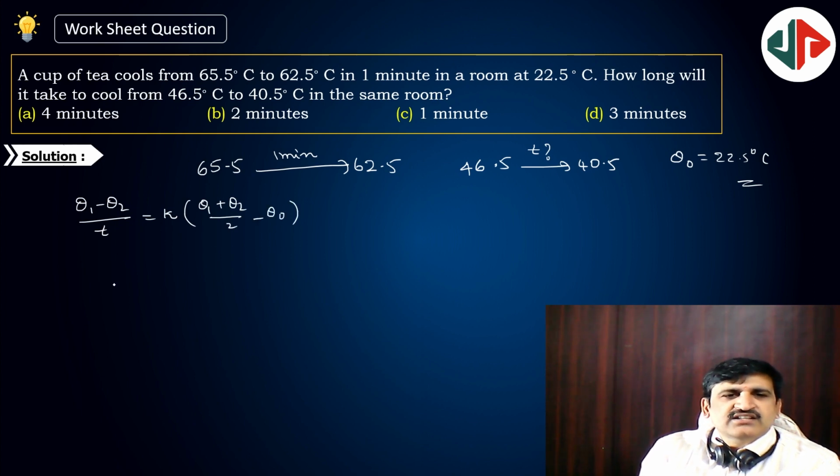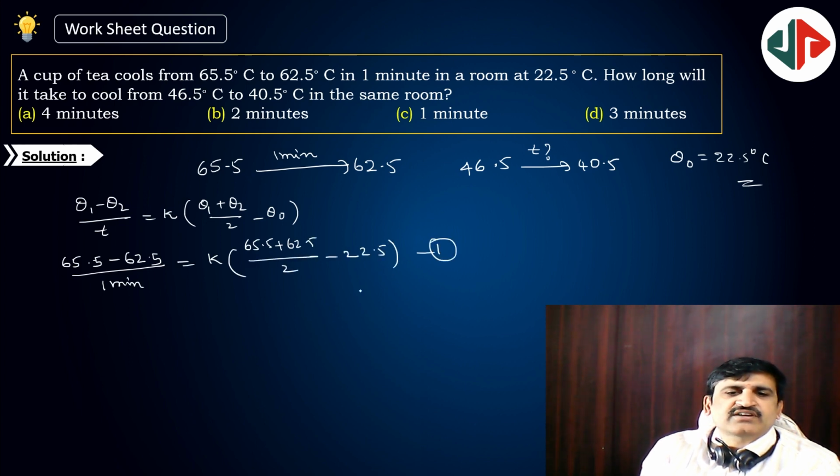Writing this, 65.5 minus 62.5 by T, which is 1 minute, the answer will come in minutes only, is equal to K into 65.5 plus 62.5 by 2 minus 22.5.